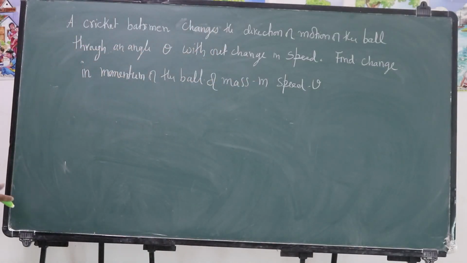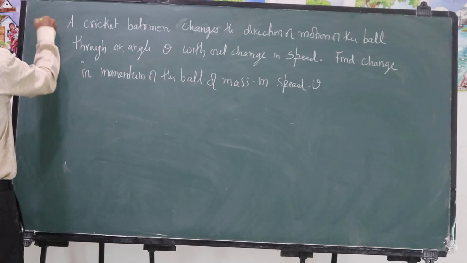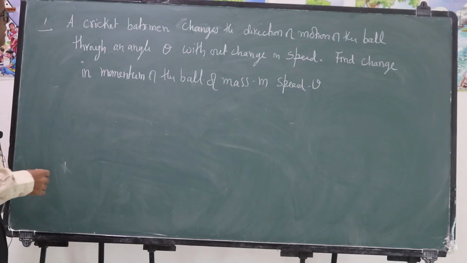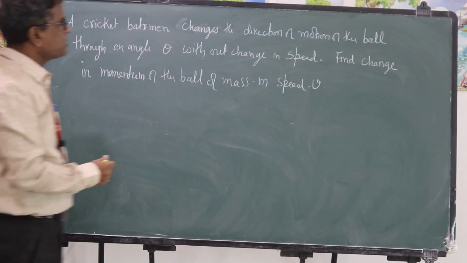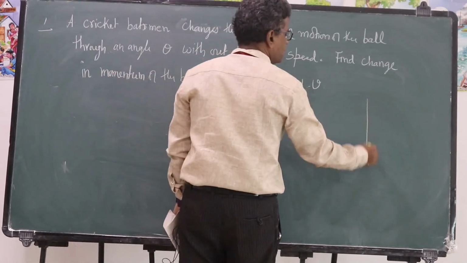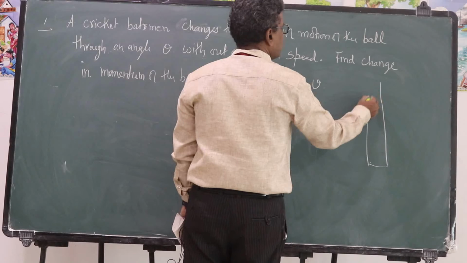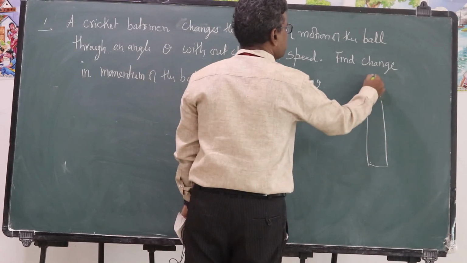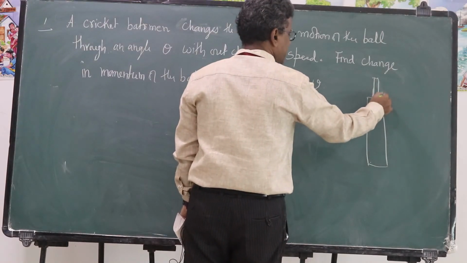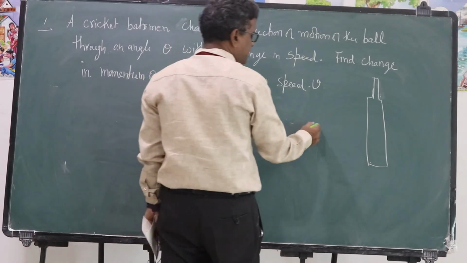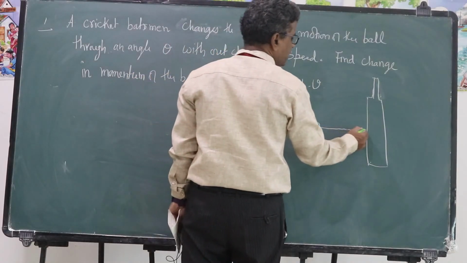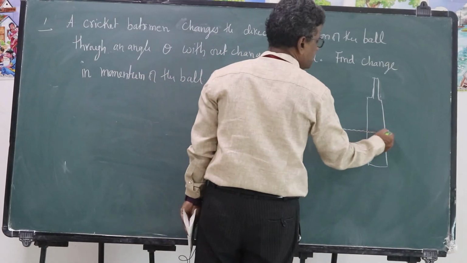So what is the problem? A cricket batsman changes the direction of motion of the ball. So this is a cricket bat. The batsman, while playing cricket, the ball is moving. It changes the direction of motion. The ball is coming towards the bat.